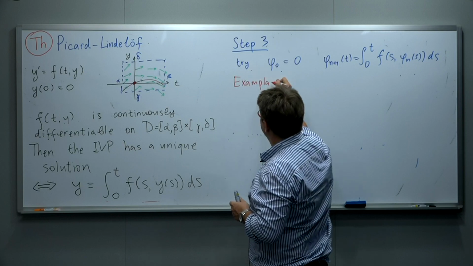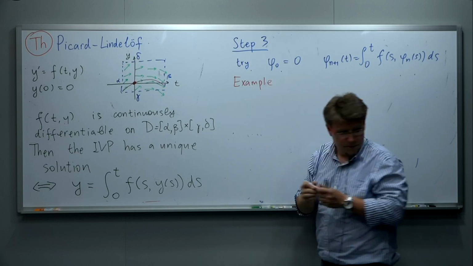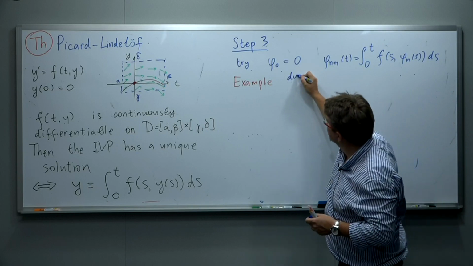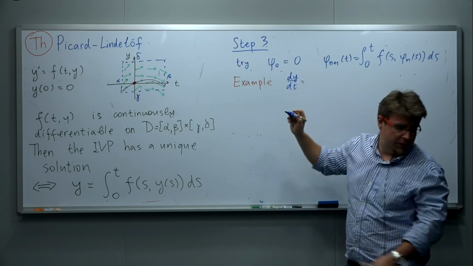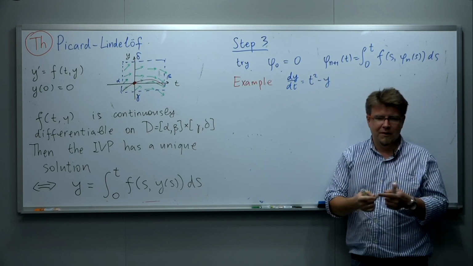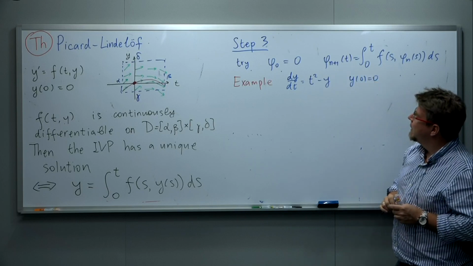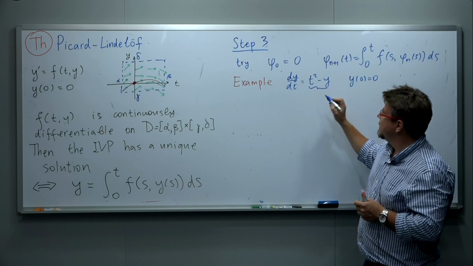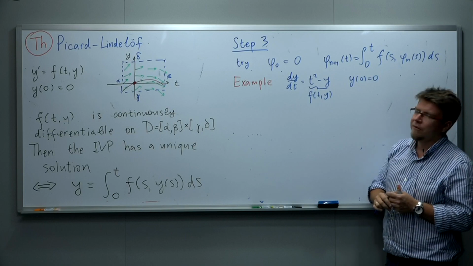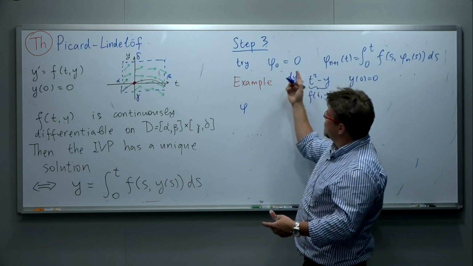And here is an example. Here dy/dt equals t squared minus y, the same equation as before. So y of 0 is 0. Now this right hand side is our f of t, y. So how do we calculate our phi 0, phi 1, phi 2, and so on? Phi 0 is always 0.